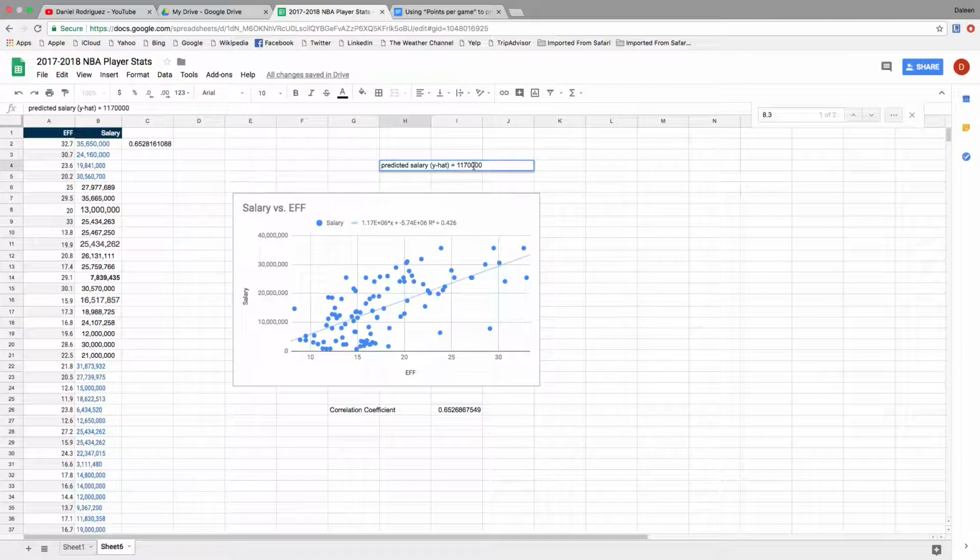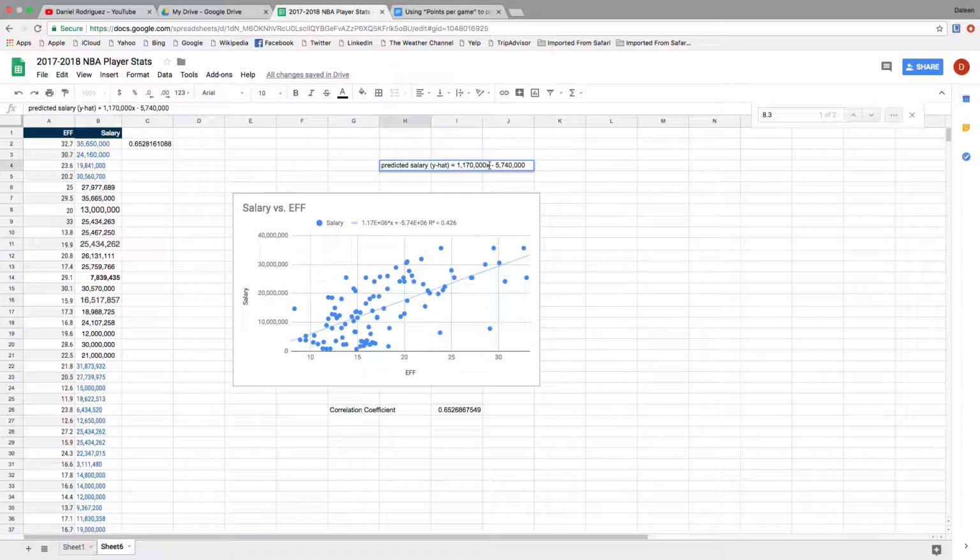So it's actually 1.17 million times X, so times their efficiency, minus, see how it says plus a negative, so that's minus 5.74 E plus 06. Same thing, we move the decimal over 6 places to the right. So instead of 5.74, it's 574, and we move the decimal over 1 time, 2 times, 3 times, 4 times, 5 times, 6 times.